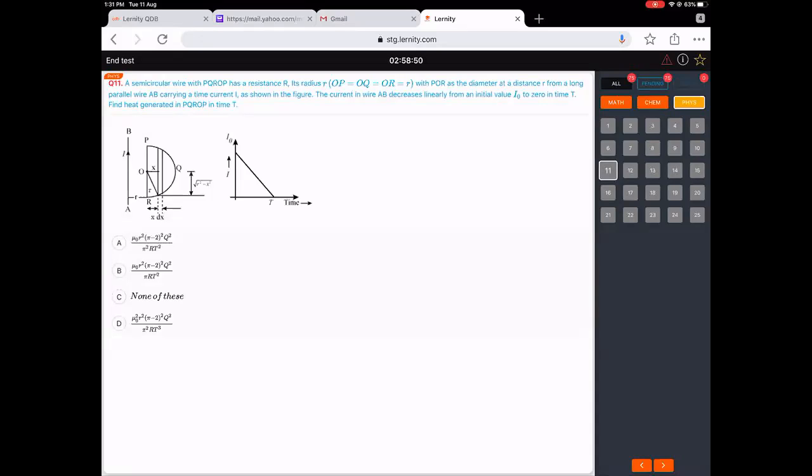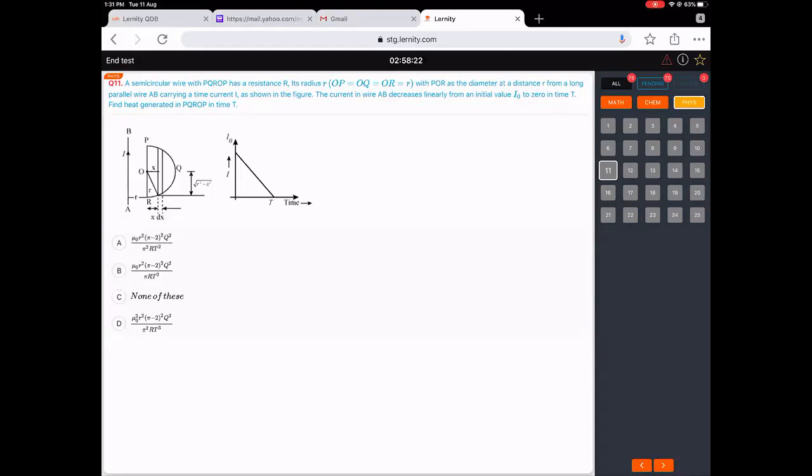A semicircular wire PQROP with resistance R, its radius is given, with POR as the diameter, at a distance r from a long parallel wire AB. The current in the wire decreases linearly, and the heat generated is asked. Okay, so this question is here.